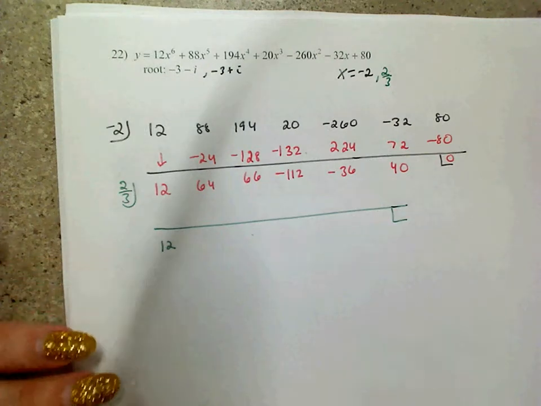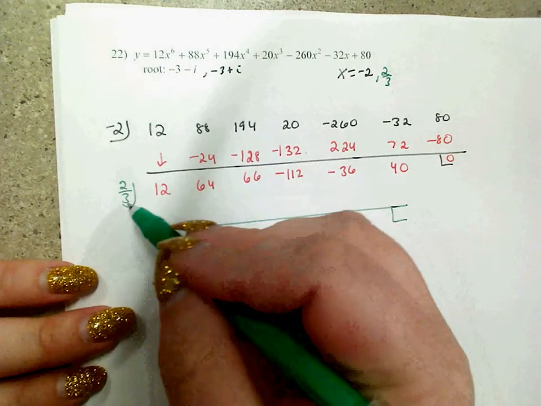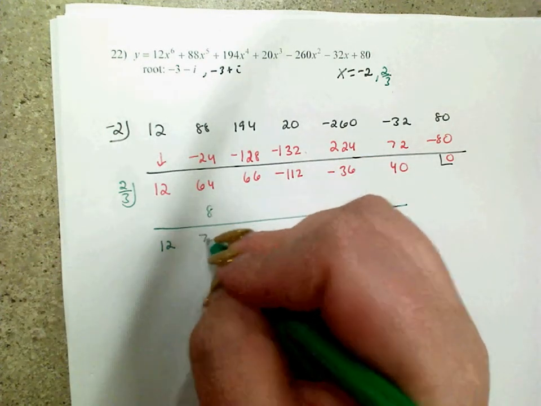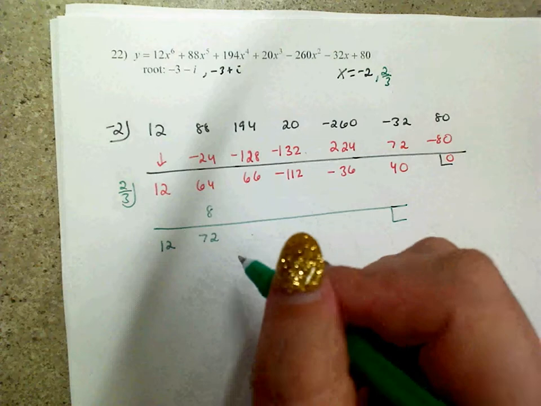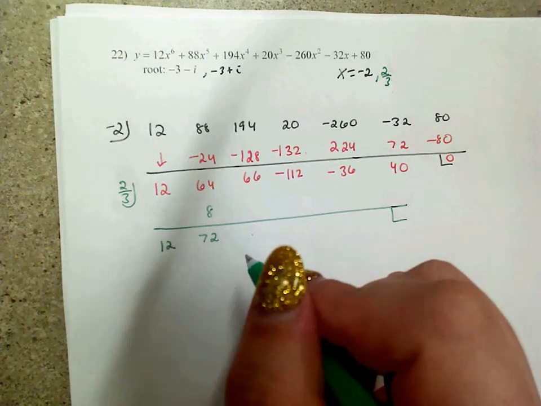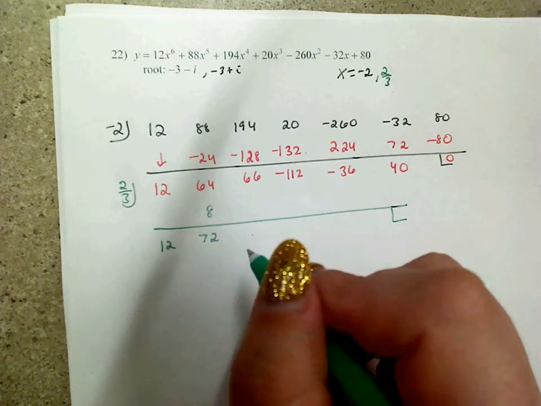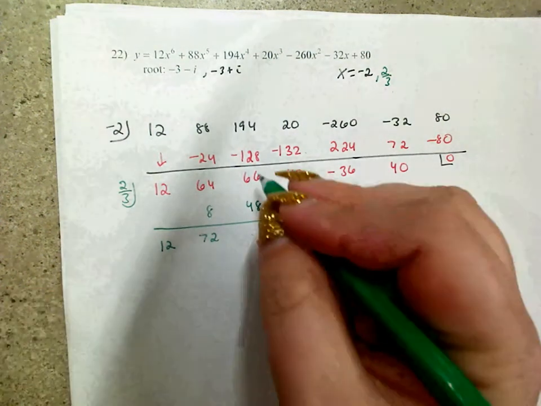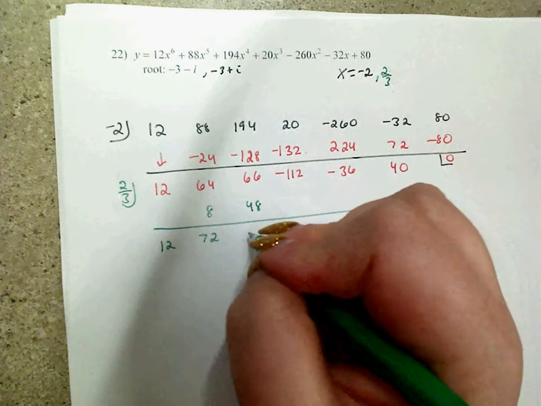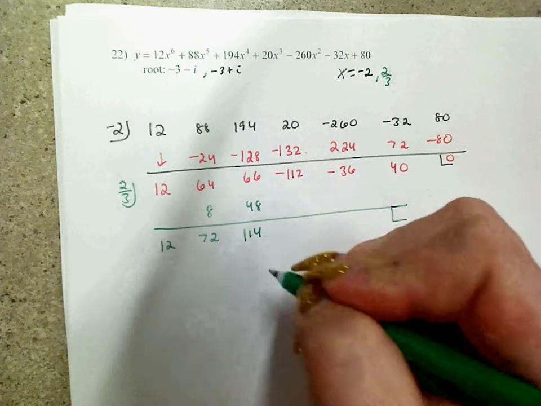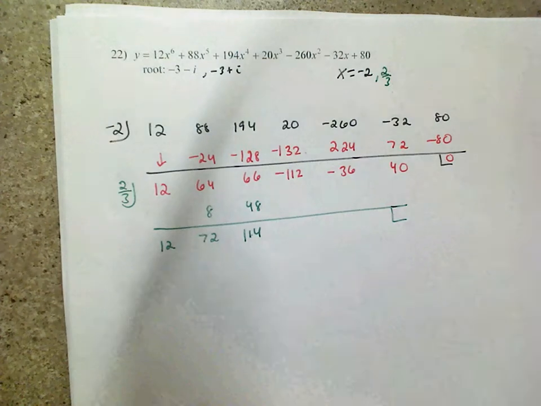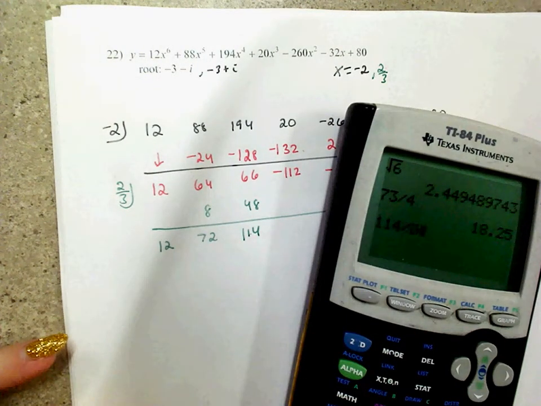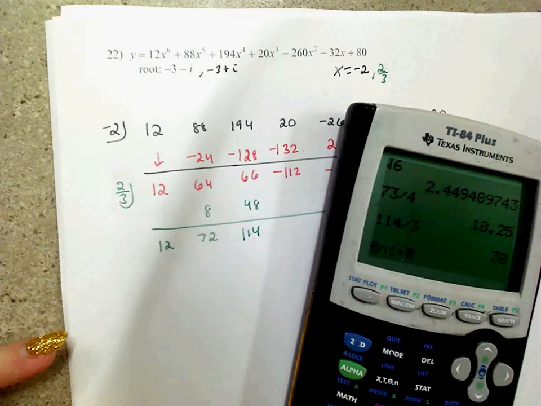Okay. So 12 divided by 3 is 4. 4 times 2 is 8. 72. 72 divided by 3 is 24. And 24 times 2 is 48. 66 plus 48 is 114. 114 divided by... Save myself some time. 38 times 2 is 76.